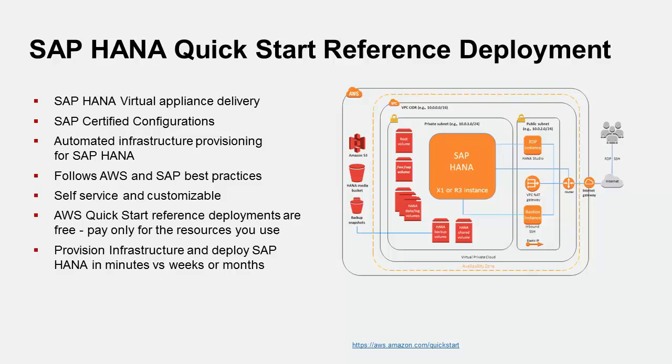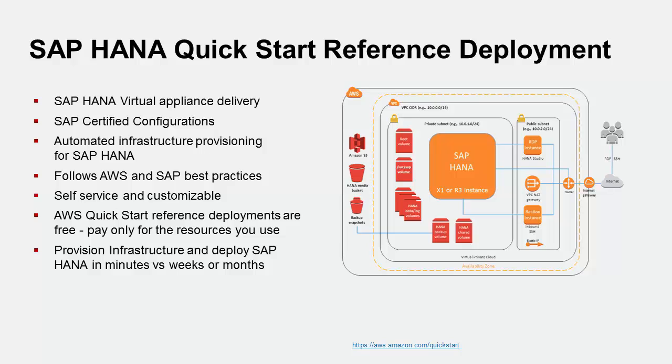To simplify and speed the deployment of AWS infrastructure for HANA, we have created a Quick Start reference deployment that uses an AWS service called CloudFormation, which enables you to define a complete stack of AWS resources in a template and then provision all of those resources in a single step. We have created this following both AWS and SAP best practices.